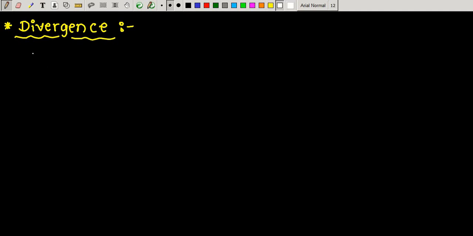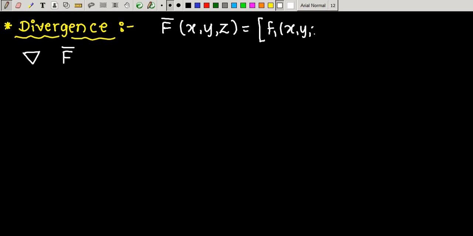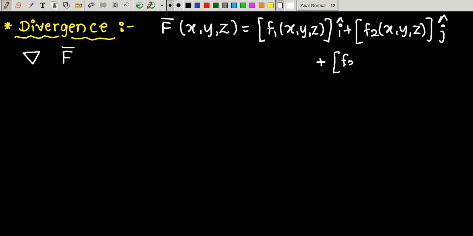When the vector differentiation operator del operates on a vector point function f bar, suppose f bar is a function containing variables x, y, z, with f1 of variables x, y, z along the x-axis, f2 along the y-axis, and f3 with variables x, y, z along the z-axis.